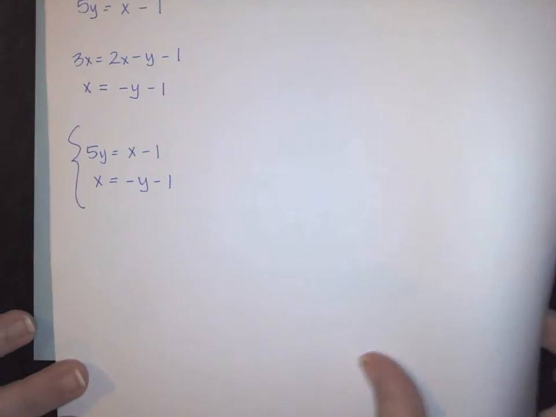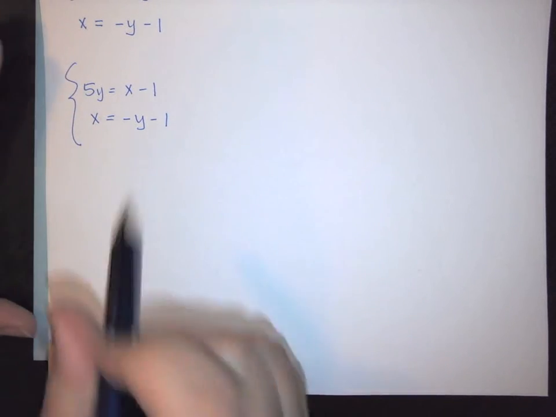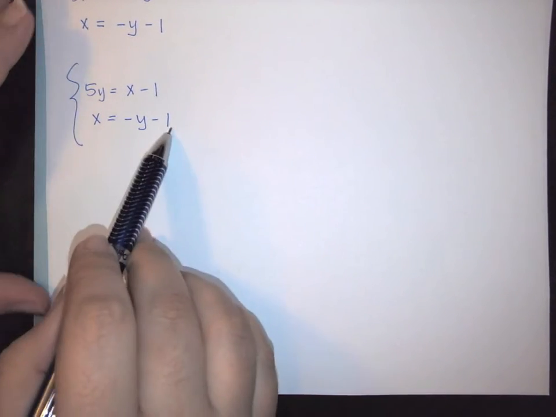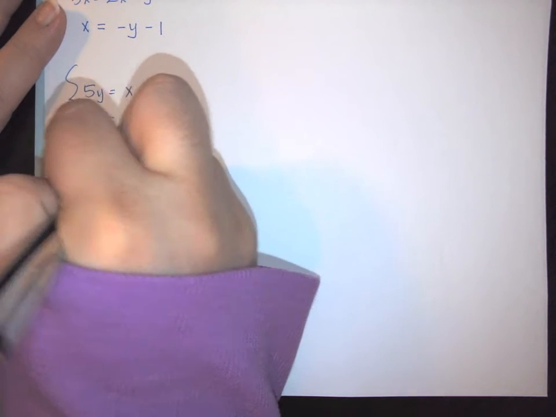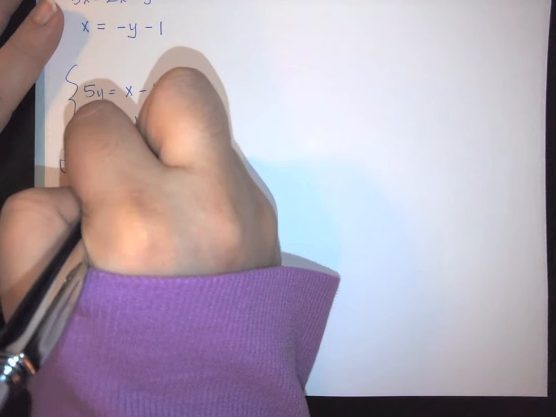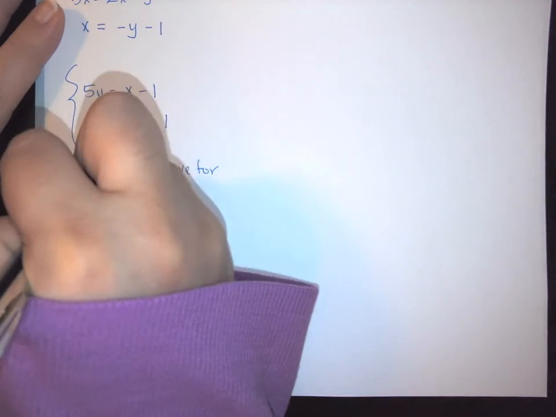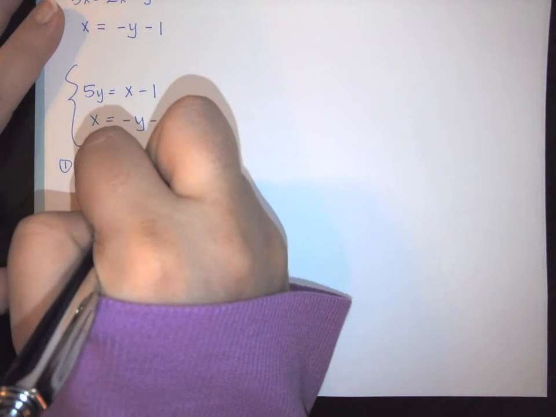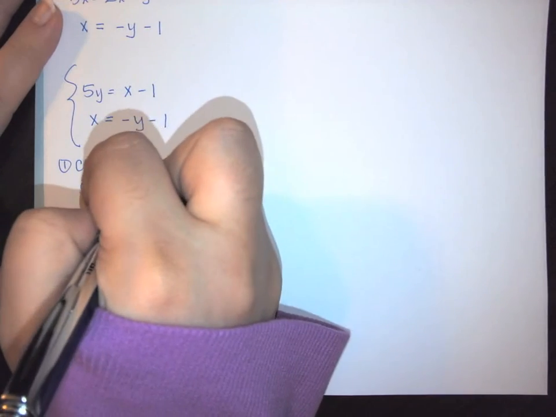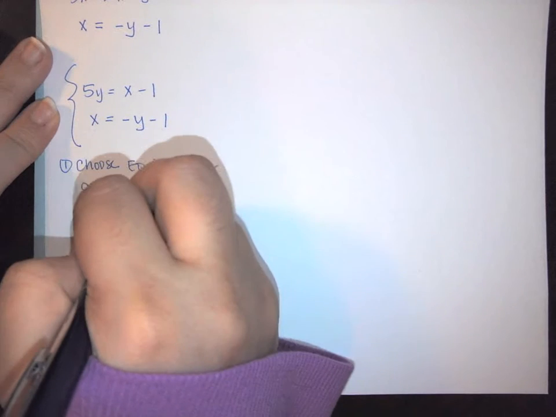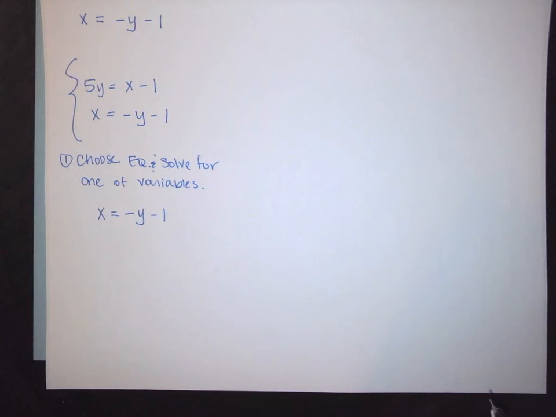Now, substitution says I have to choose one of my equations to solve for a variable. Well, if you look, one of them already did. So the first step is that we are going to choose an equation and solve for one of the variables. Here I would choose x is equal to negative y minus 1 because it's already been solved for.